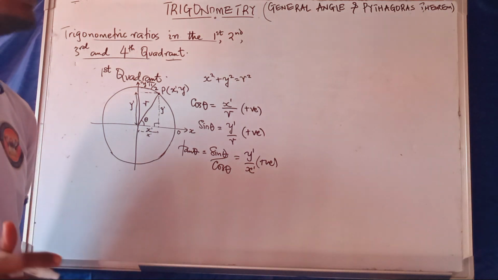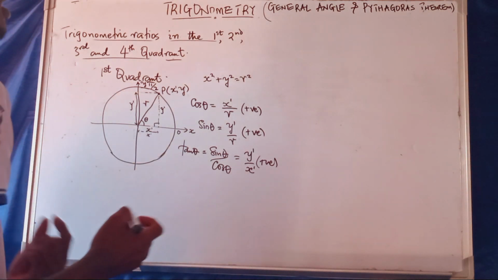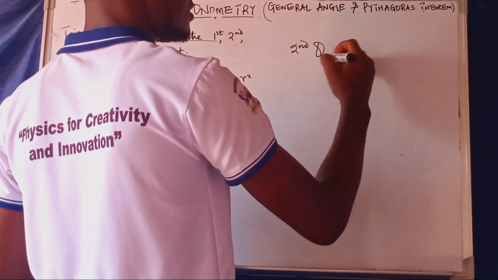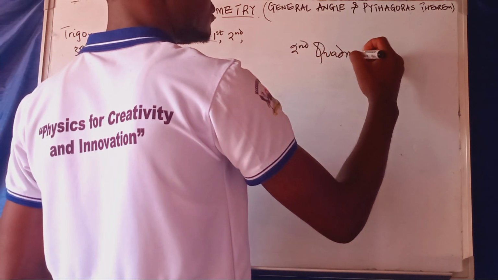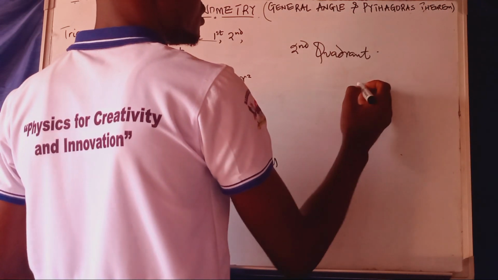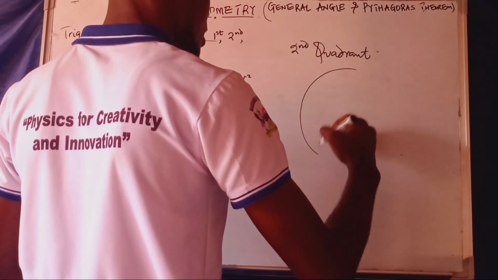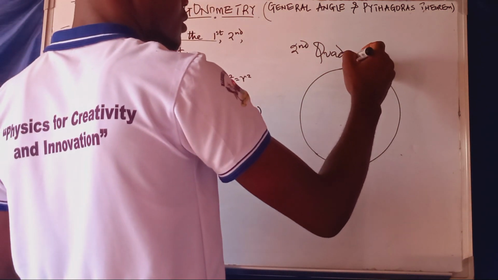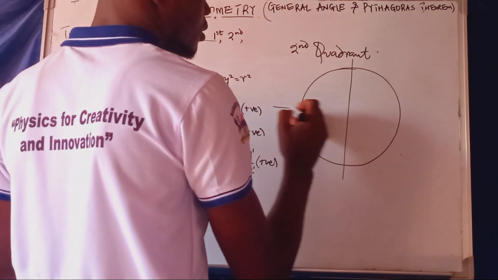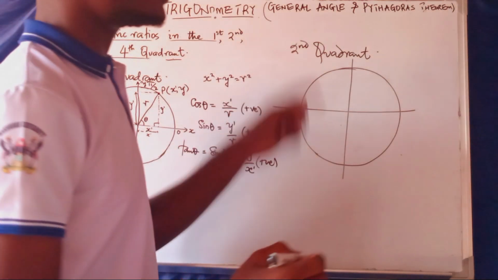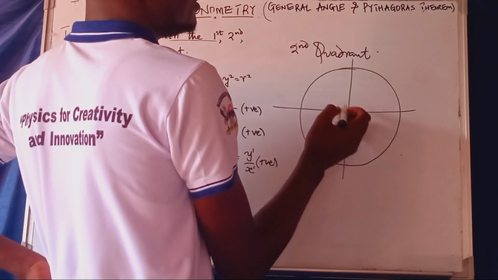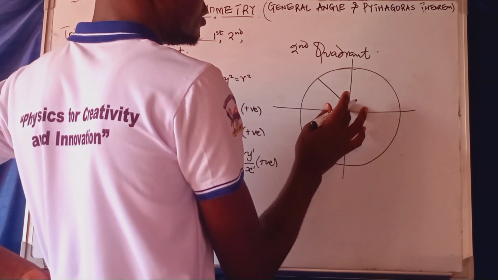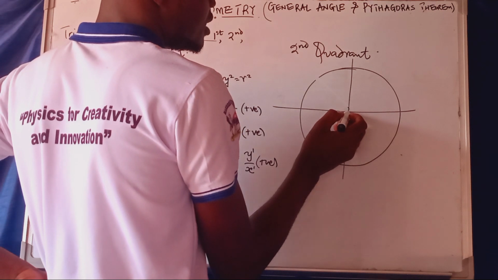That is very important. So we can talk about the second quadrant. What happens for the second? So if this is my circle, this is my second quadrant, so I can draw my lines.